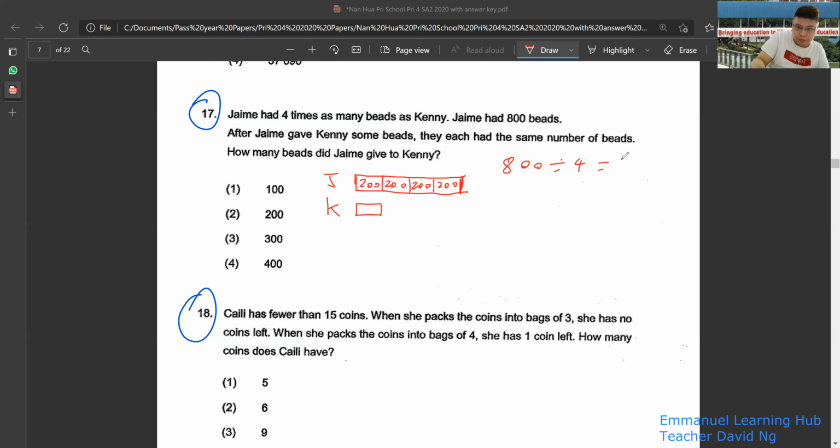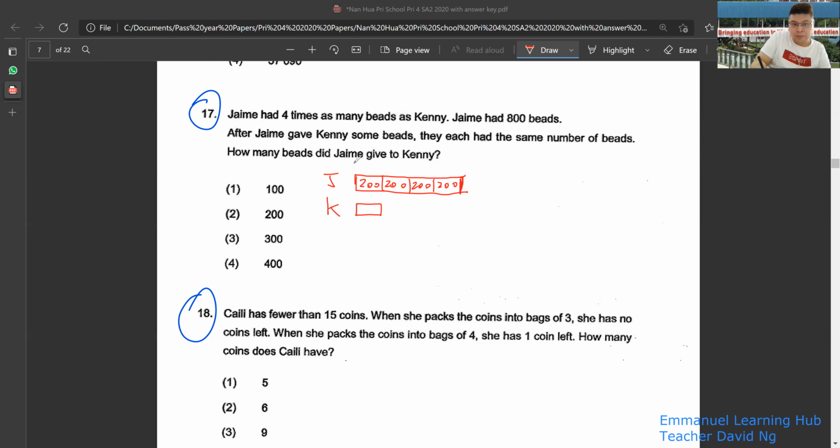Like this kind of thing, I expect you to understand. 800 divided by 4, you get 200 each. Okay? That's how you know it's 200 for each.